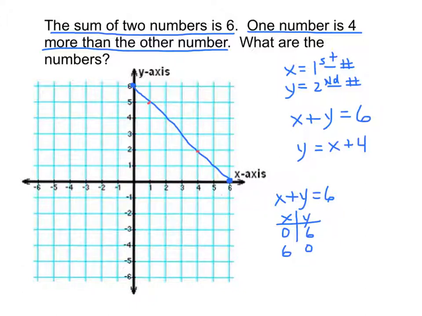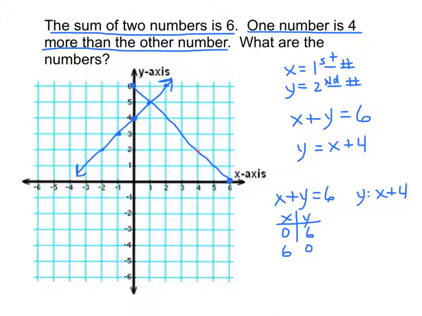For my other equation, y is equal to x plus 4, I'm going to graph that one by putting a dot at 4, because that's my y-intercept, and then my slope is 1, so I could go up 1 and over 1, up 1 and over 1, or I could go down 1 and over 1 to the left, and once again I could draw that particular line.